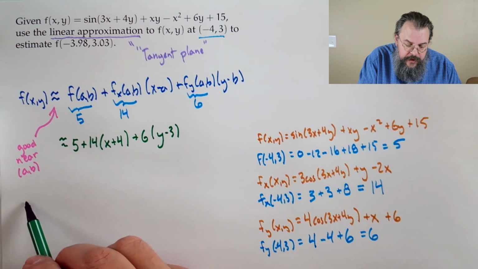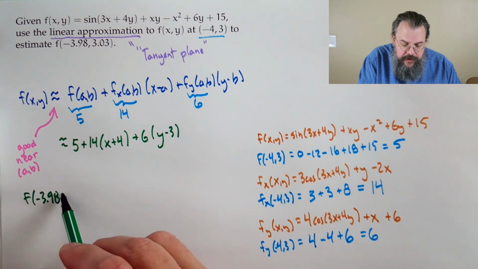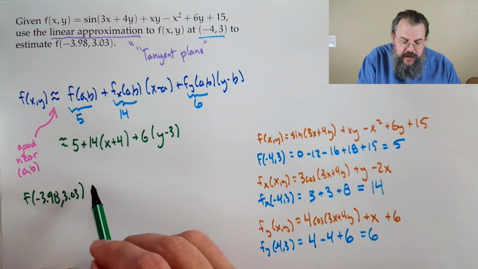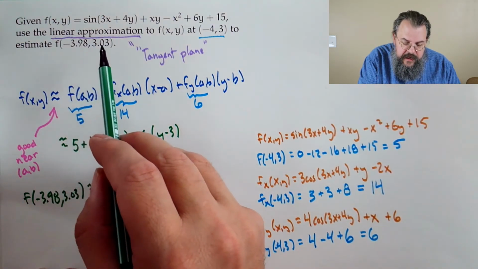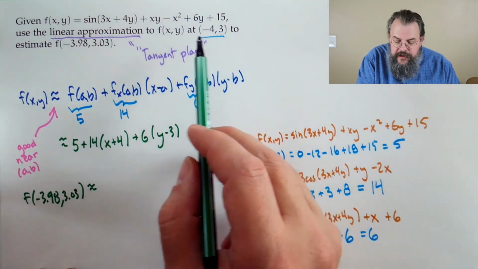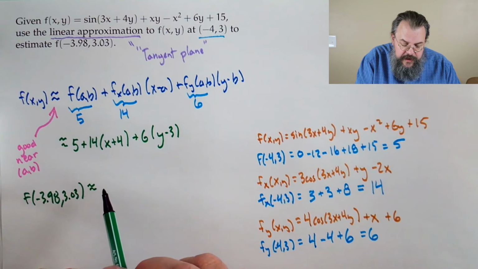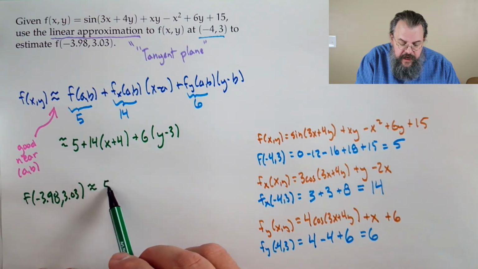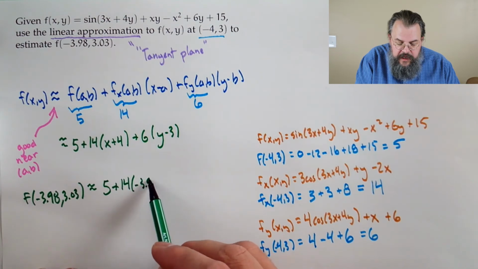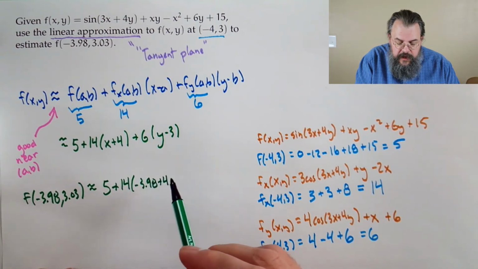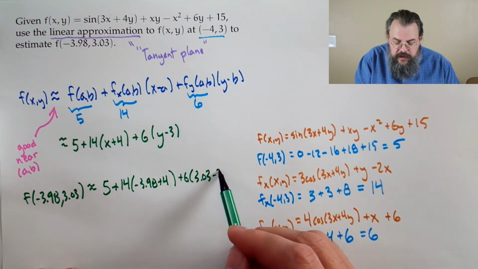Well, now plug in (-3.98, 3.03). Notice that (-3.98, 3.03) is fairly close to our point, so that's why it's probably a good approximation. So 5 plus 14 times (-3.98 plus 4) plus 6 times (3.03 minus 3).